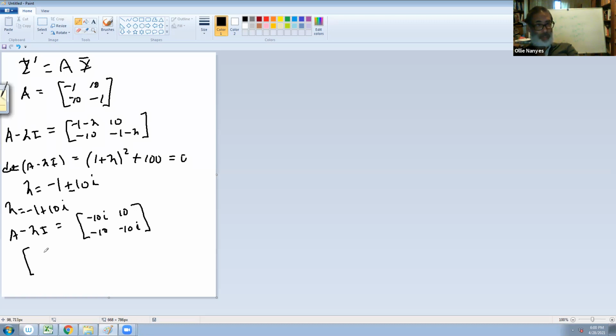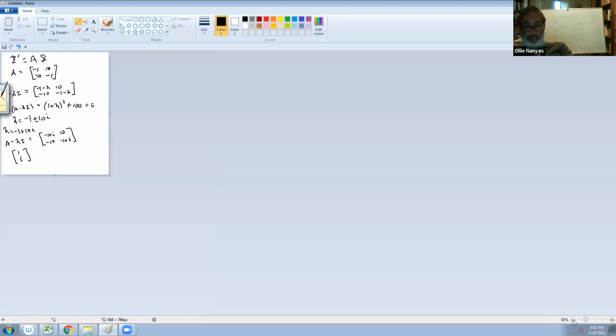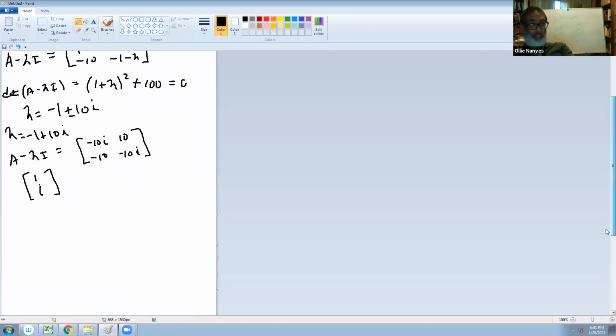If we have a 1 up here, and we have an i downstairs, that works, right? So minus 10i plus 10i is correct. Or minus 10 plus minus 10 times minus 1, that works. So in fact, we have our complex eigenvector here. All right, so we're good.